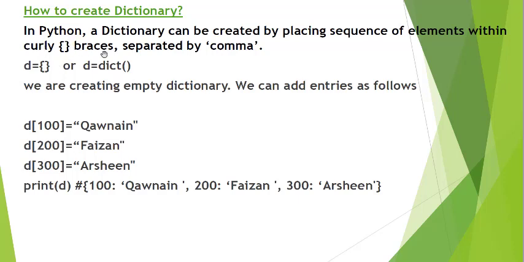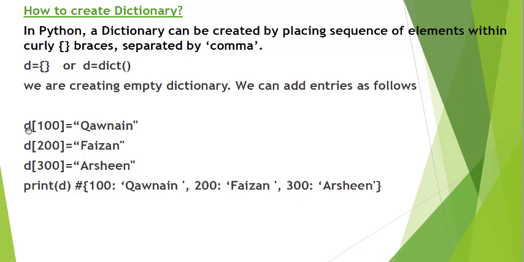If you have curly braces and you put things in them with commas, or you can use d equals dict, this is an empty dictionary. As I told you, empty curly braces don't mean a set, they mean a dictionary.